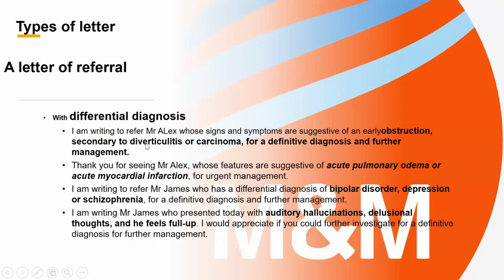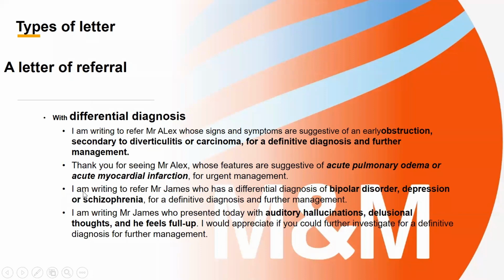I'm writing to refer Mr. Alex, whose signs and symptoms are suggestive of an early bowel obstruction, secondary to diverticulitis or carcinoma. Or we can also write it down for another differential, different diseases. Thank you for seeing Mr. Alex, whose features are suggestive of acute pulmonary edema or acute myocardial infarction for further arrangement.